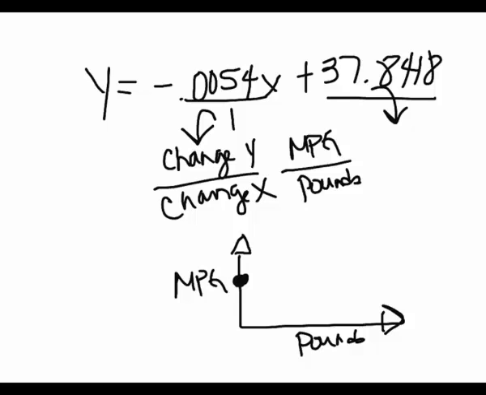How can a car that weighs absolutely nothing, which means you have no car, give you the miles per gallon of 37.8418? It can't. So in this particular example, it's not appropriate to interpret the y-intercept because it's outside the scope of the model.